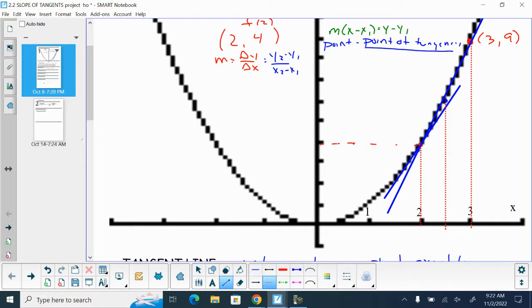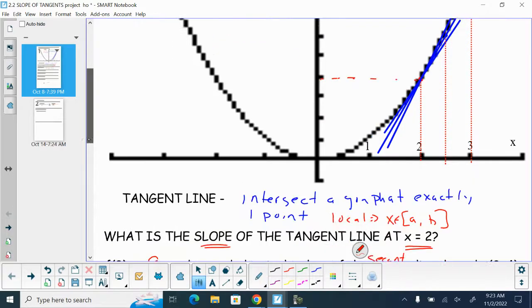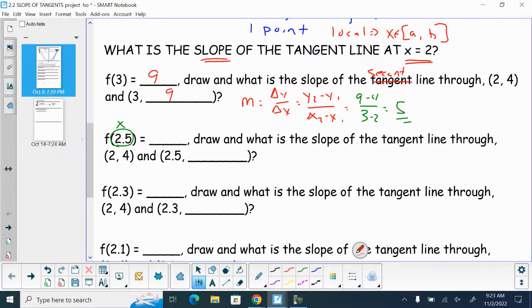And I draw my line between these points right here. What we come up with is a line that's in between our tangent line and the other secant line that we drew in there. So once again, this should be a secant.